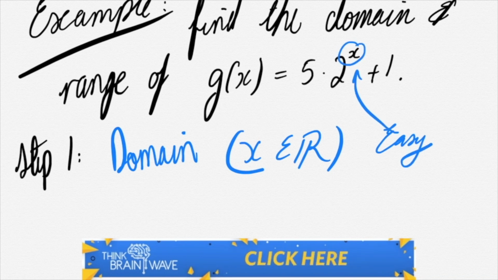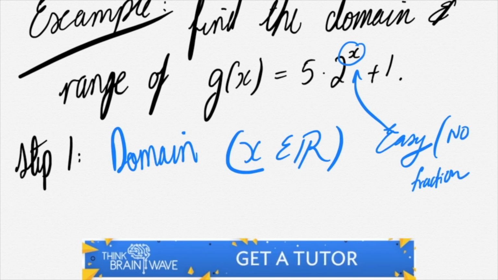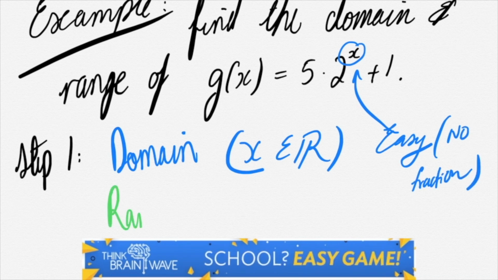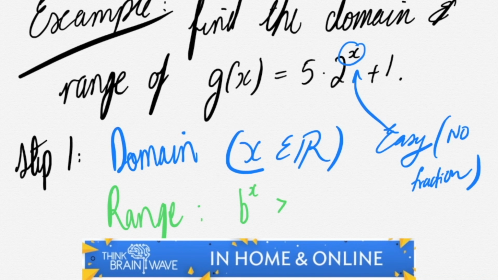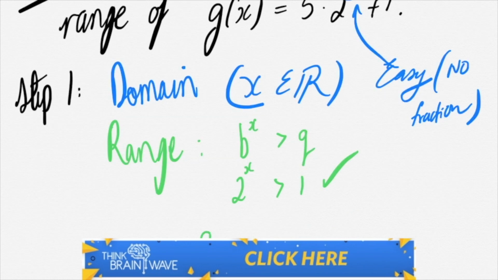Your domain is always going to be an element of real numbers, and your range would be b to the power of x must be greater than q, which is 1. So 2 to the power of x is greater than 1, and we can satisfy ourselves with that answer.